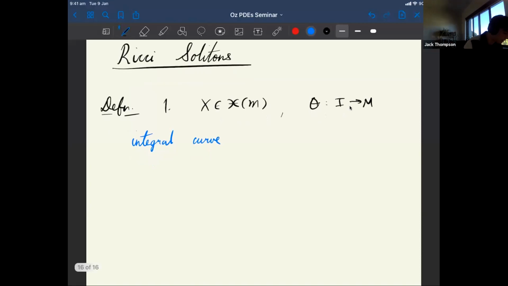Sorry, so theta is an integral curve of X if we have the following relationship.